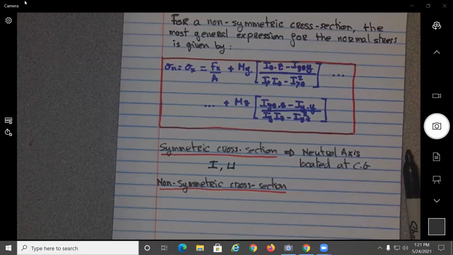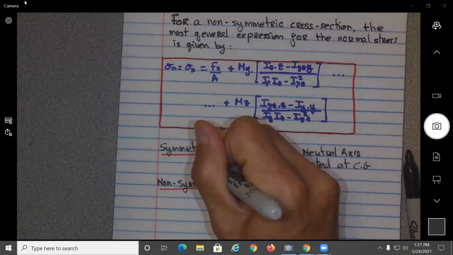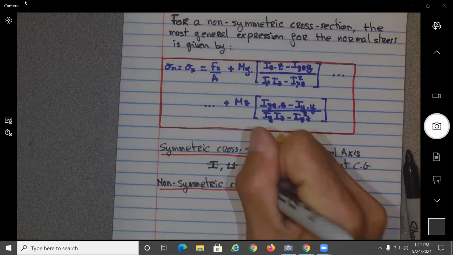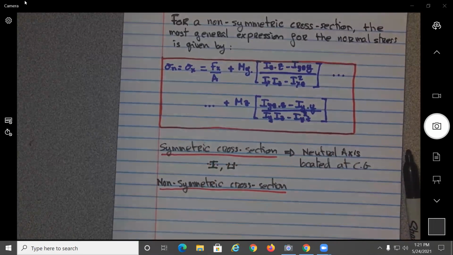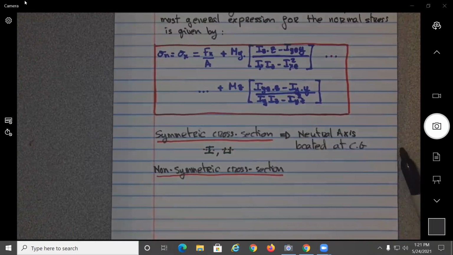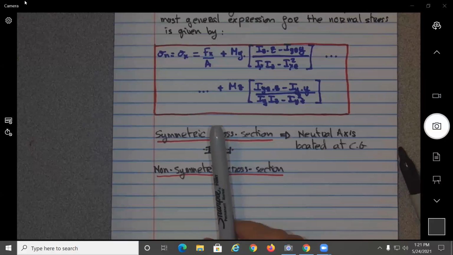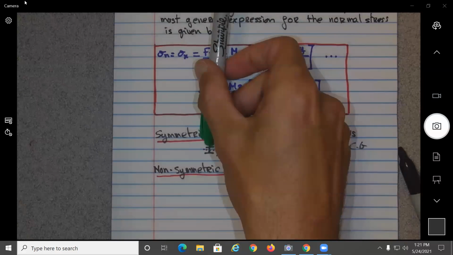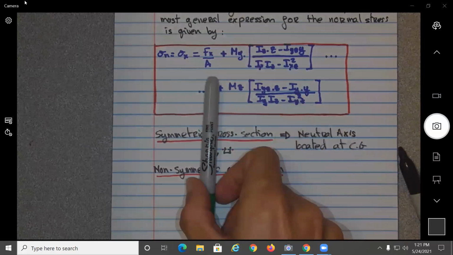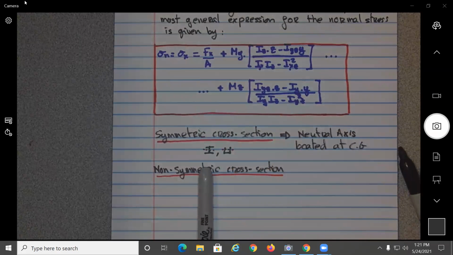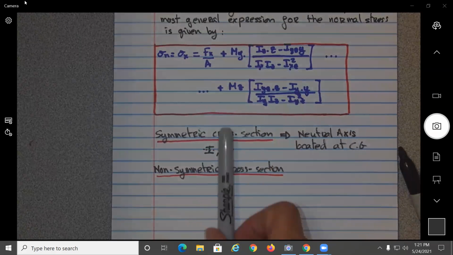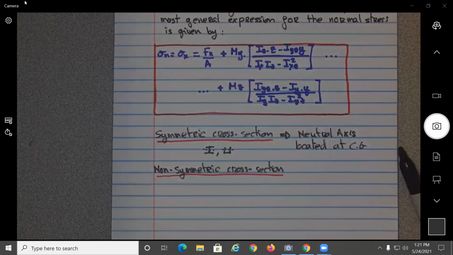The neutral axis will be at the center of gravity. Now imagine that you have here the I-beam and you just have the force, let's say, on top. How is this going to bend? It's just going to bend symmetric, correct? Or if you put the U shape, if you put a load up or down, everything's going to bend the same way.